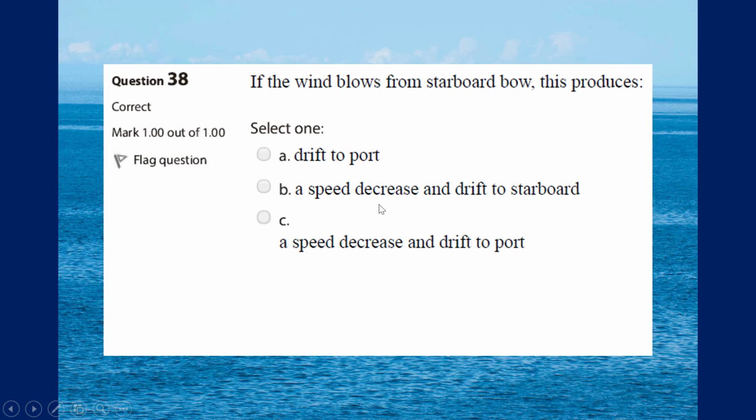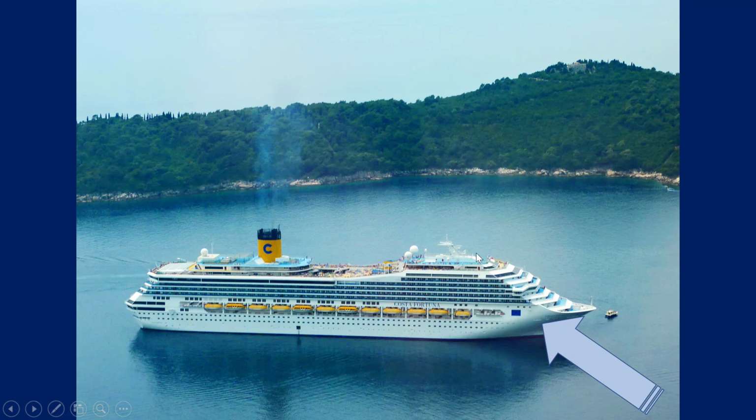So for our answer, A said drift to port. B said a speed decrease, which is correct, and drift to starboard. No, it won't drift to starboard because the wind is blowing from the starboard. Assuming it is blowing from the port side, it would have drifted to the starboard.